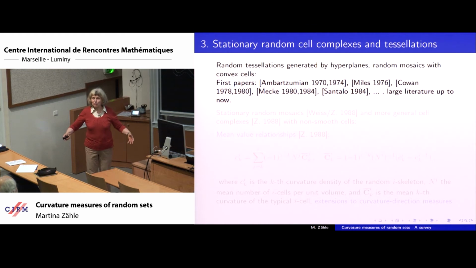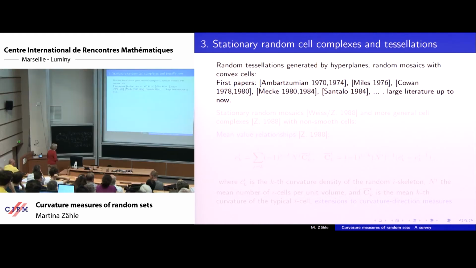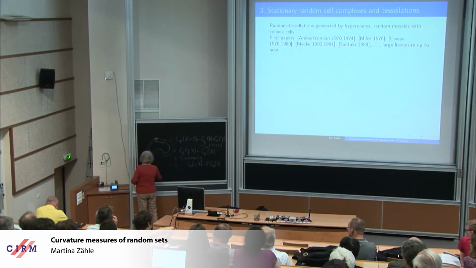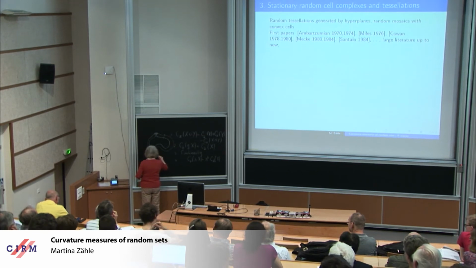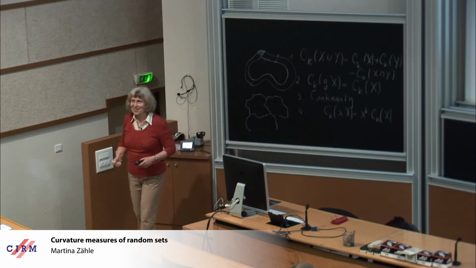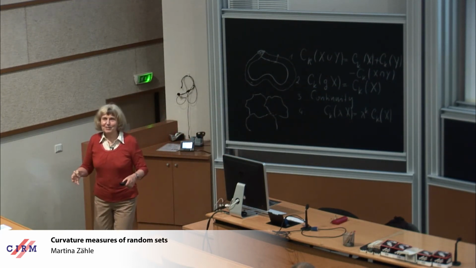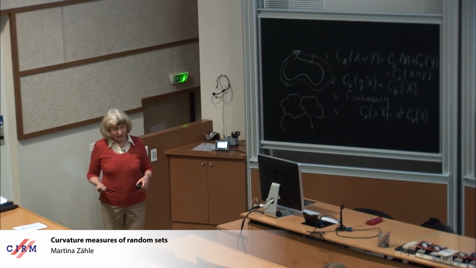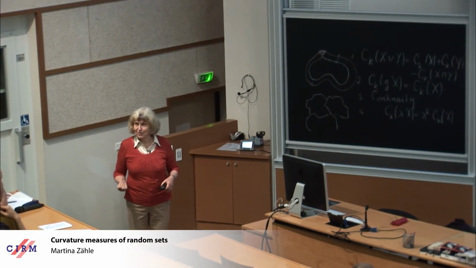And this tessellation was not convex. And the cells were of this type. Imagine just crack structures. And all people were considering only convex tessellations. I thought, okay, we should try to do it for non-convex things.